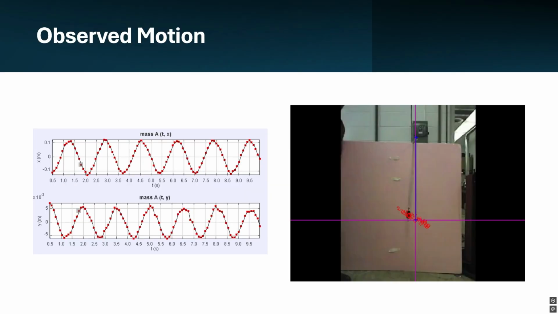This slide contains the video that was used to track the data in Tracker, and the two graphs on the left contain a visual of what the motion of the object looked like during the video.